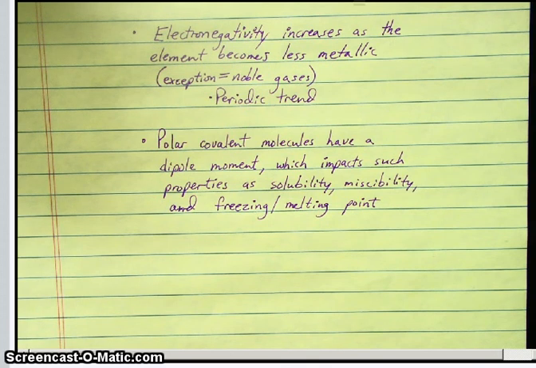Remember that the exception there is the noble gases because they don't bond with others typically, so we don't really measure their electronegativities. Finally, polar covalent molecules have a dipole moment, and that affects their properties such as solubility and miscibility. Miscibility, by the way, is mixing of liquids, and then freezing and melting point.